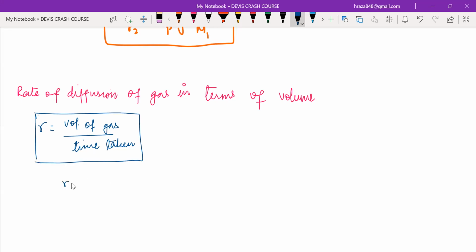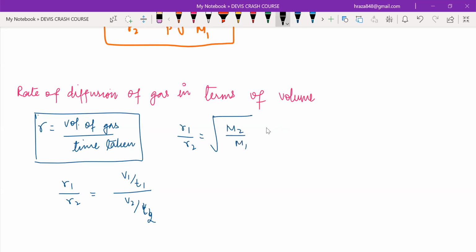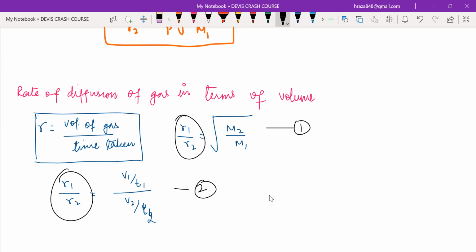So we can write R1 upon R2 as V1 upon T1 over V2 upon T2. And you also know that R1 upon R2 is equal to under root of M2 upon M1, right? So we can equate these two equations because both are R1 by R2, and it will be V1 into T2 upon V2 into T1, equal to under root of M2 by M1.